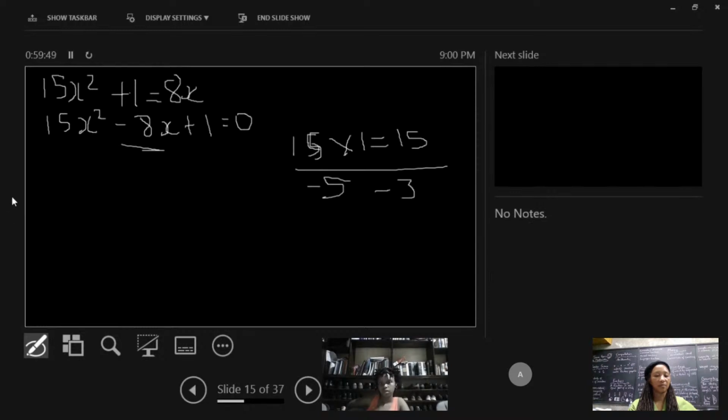So it's going to be 15x squared minus 5x minus 3x plus 1 equals 0. So we're going to factorize them now. The common factor of 15x squared and negative 5x is going to be 5x.